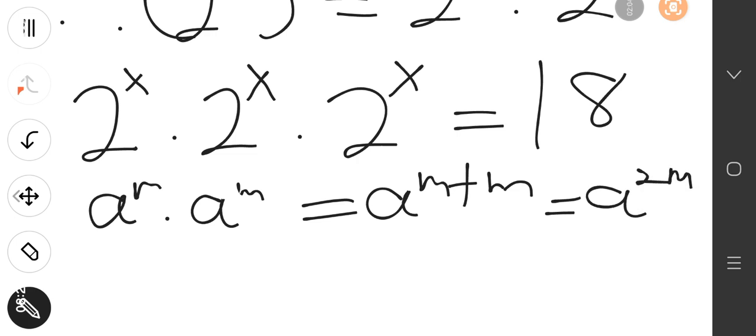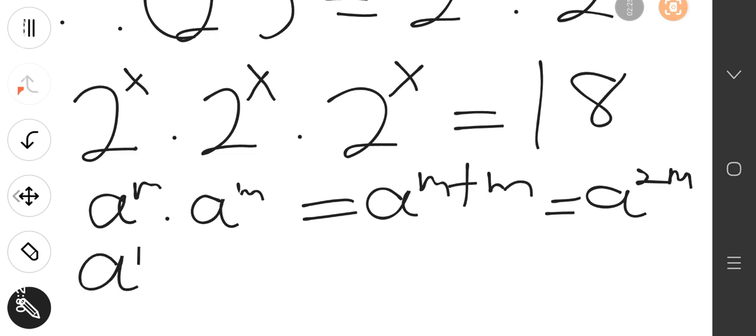So when the bases are the same, and what is separating the two bases is a multiplication sign, we add the exponents. So even when the bases are more than 2, this is what we do. So in our case, the bases are more than 2.